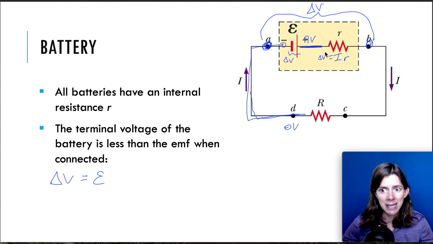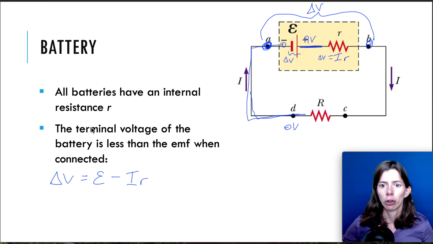That being said, the terminal voltage is going to be the EMF minus the voltage difference across the internal resistor, minus IR. So the terminal voltage of the battery is less than the EMF when the battery is connected. There is a difference between terminal voltage and EMF.